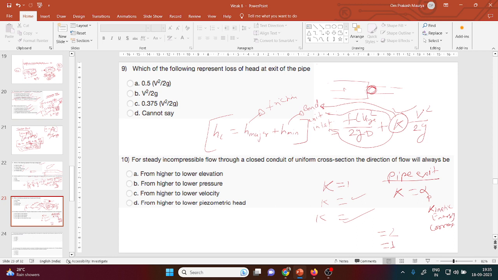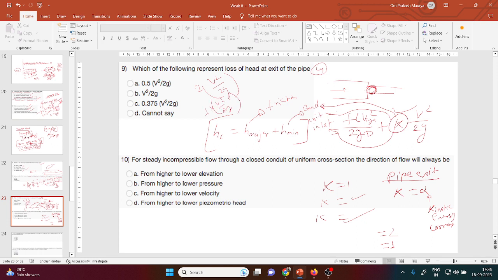if the flow is laminar in this question, then the exact value will be 2 times v square by 2g. But in the question it is not given whether the flow is laminar, and if the flow is turbulent, then 1 into v square by 2g.